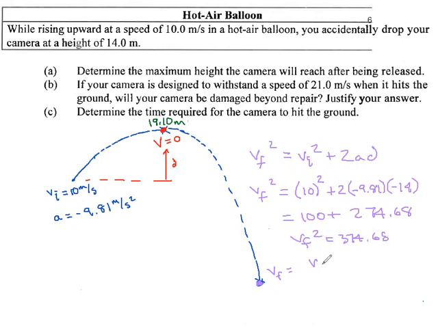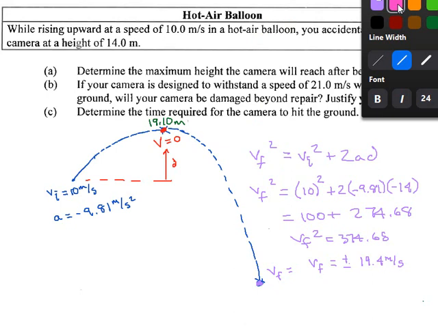Technically, when you solve this, you get Vf equals, and it could be positive or negative 19.3, or I guess it rounds to 19.4. 19.4 meters per second.